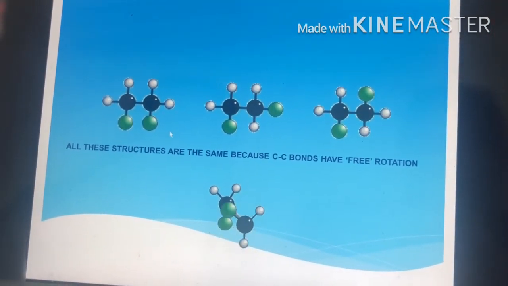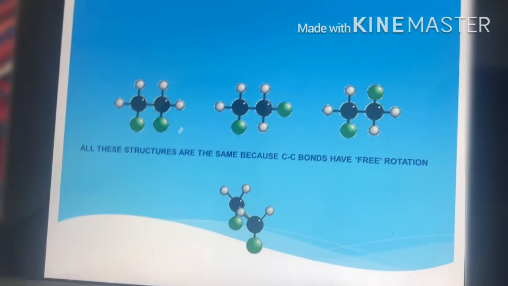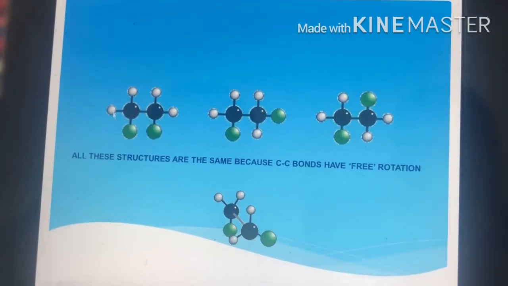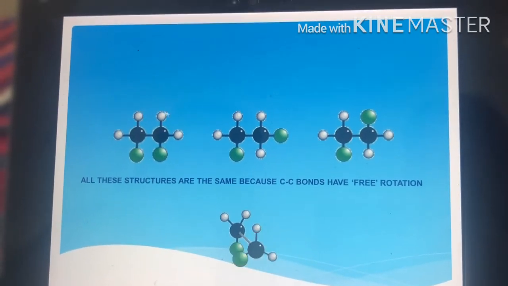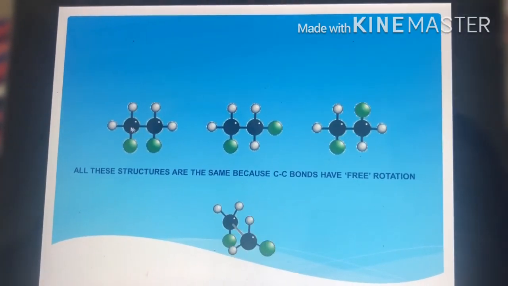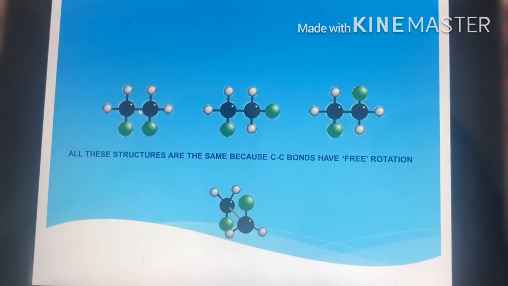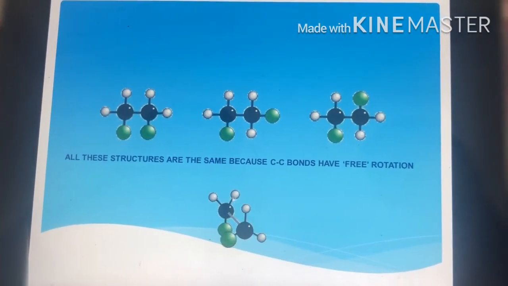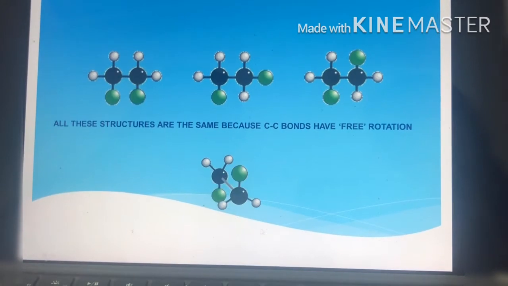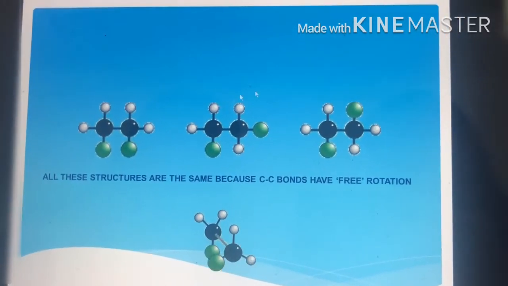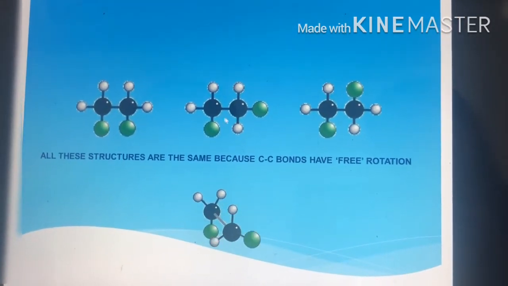So let's see with these ball and stick models here. You can see it's a hydrocarbon, or you can assume the black color is carbon and the others are the atoms attached. Now as there is only a single bond present, you can see it can easily rotate around its axis. So when it can rotate around its axis, we can see three different arrangements.